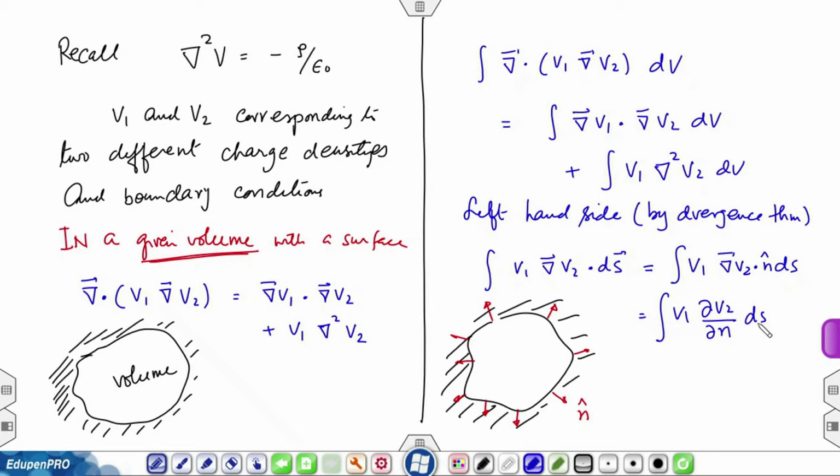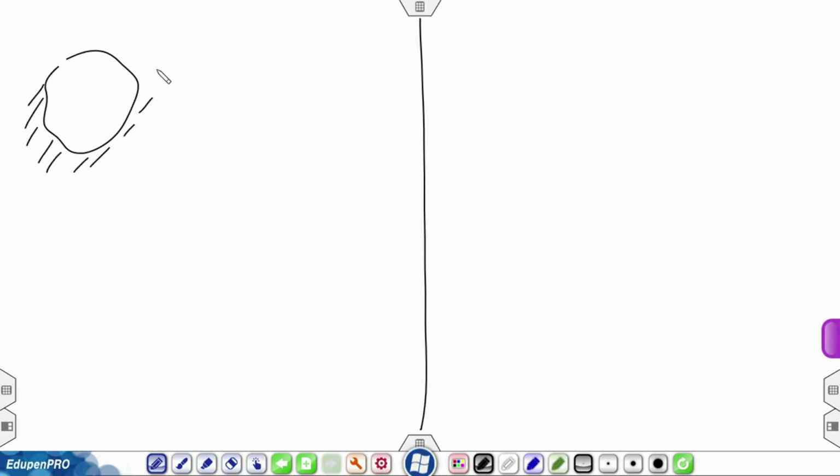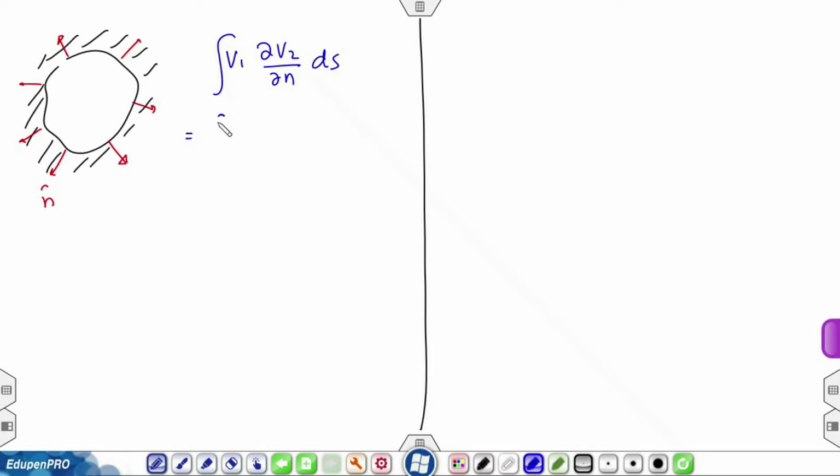Let us go to the next slide. And therefore, I get in this volume the integration of V 1 partial V 2 partial n ds is equal to the integration of grad V 1 dot grad V 2 dV plus the integration of V 1 Laplacian of V 2 dV.